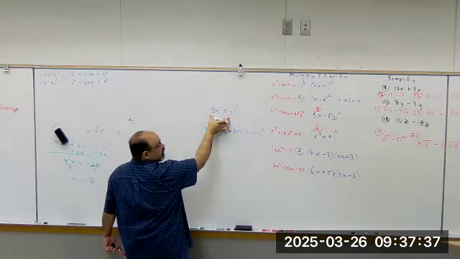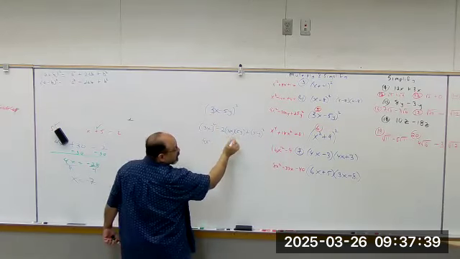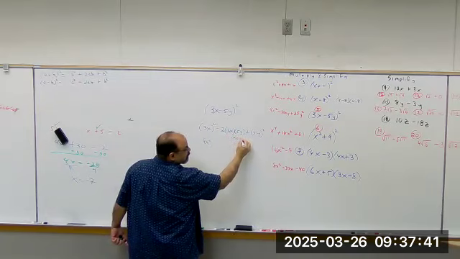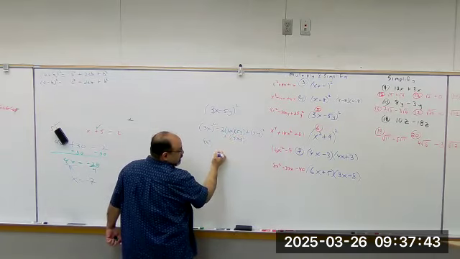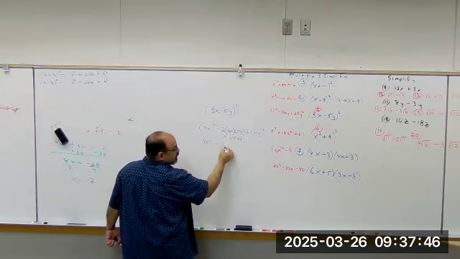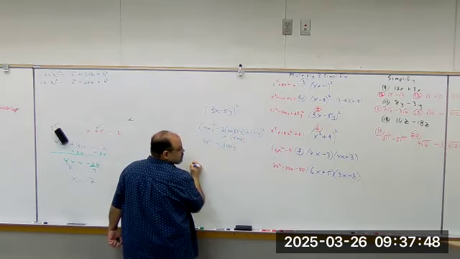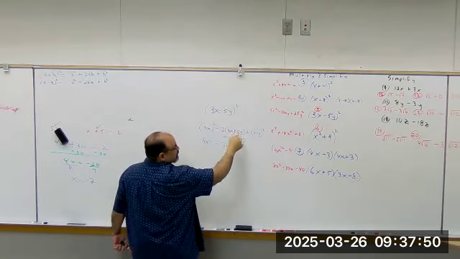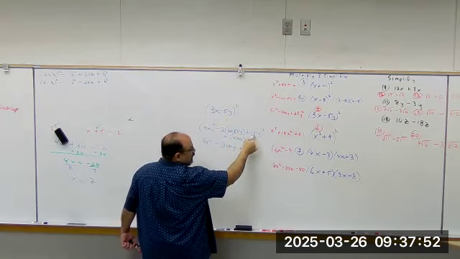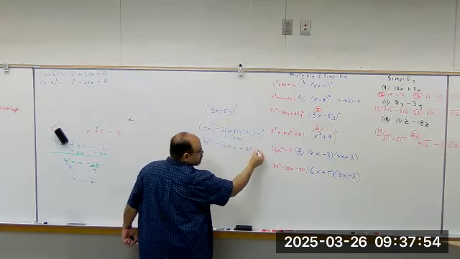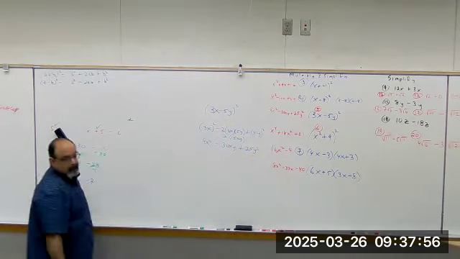Multiply the 3x and the 5y, that's 15xy. And then you double it. 2 times 15, that's minus 30xy in the middle. And then you square the last term, it's going to be addition, 25y squared.